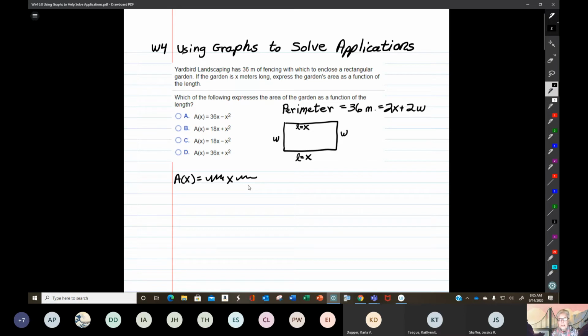That's what being a function of x is. This is the general format of area being a function of length, which they're calling x. Okay, now, but we were given perimeter.